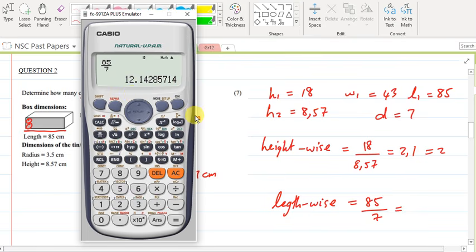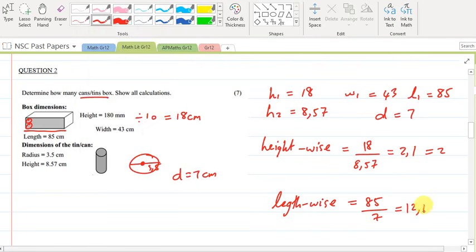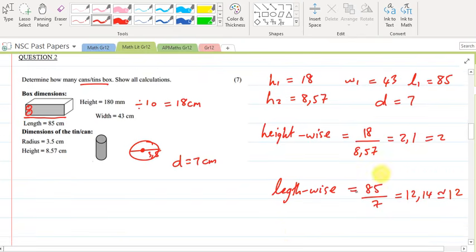Then what we have is width-wise. So we're going to take this width, right? And obviously we are packing the same cylinders here. So how many of these can we pack along this line? So remember, lengthwise we can pack 12 tins, right? 12 over here. Across, how many can we pack? We don't know, so we need to check width-wise.